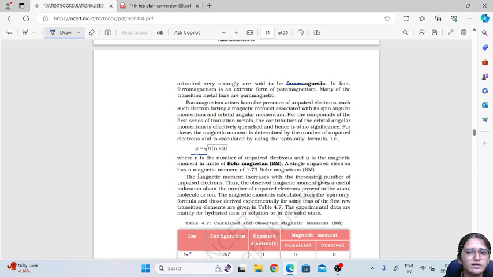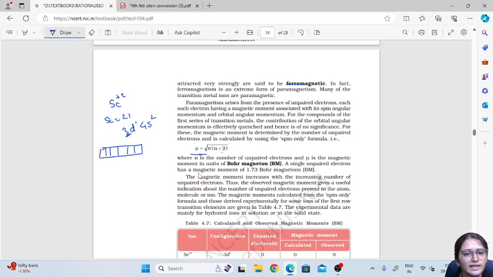So if I am asked to find the magnetic moment of scandium plus 2, what configuration does scandium have? Scandium is 21, so it has 3d1 4s2. In the d orbital how many electrons do we have, that we have to see. In the d orbital we have only one electron.